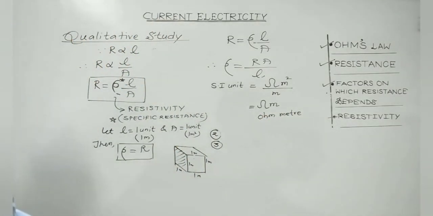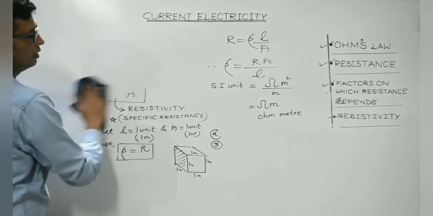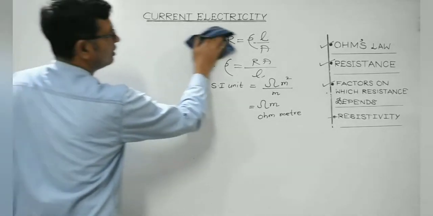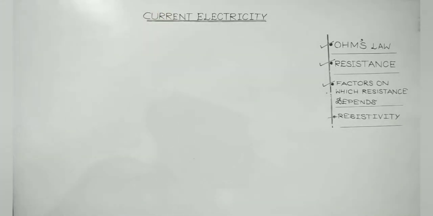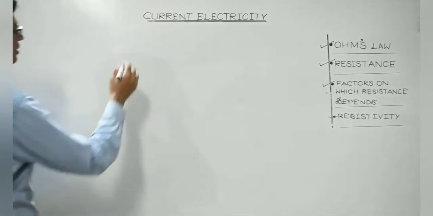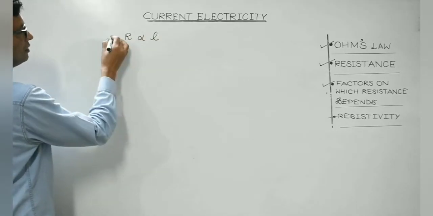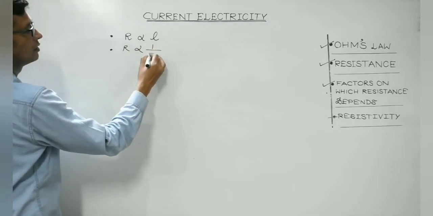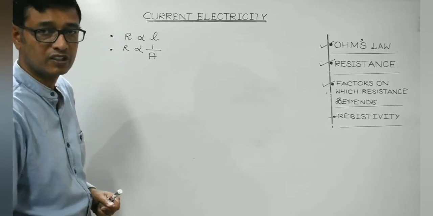So students, here I must repeat some important facts regarding resistance and resistivity. Look, resistance depends on length, it depends on area, cross-sectional area. It is inversely proportional to the cross-sectional area.